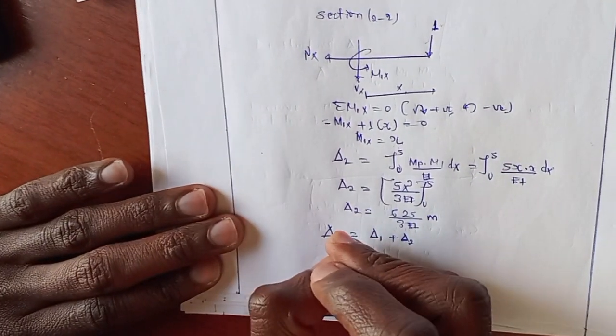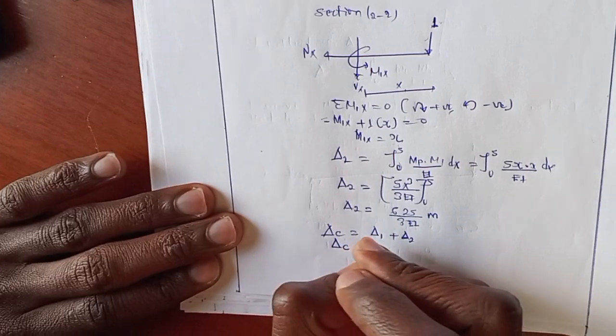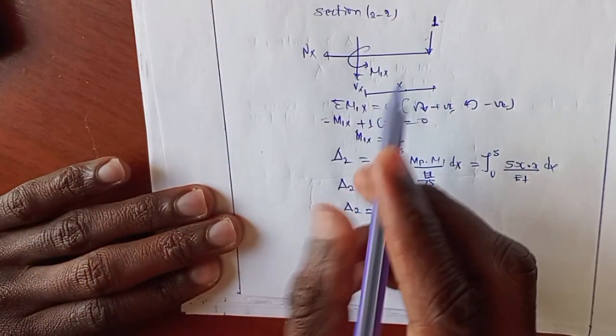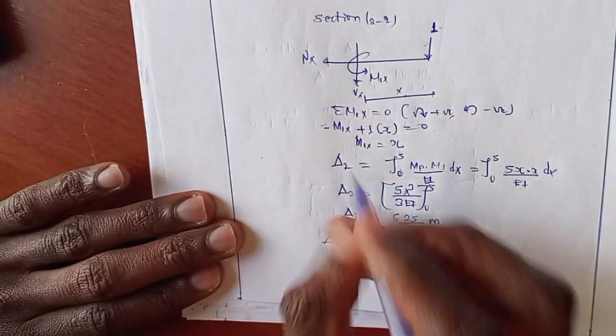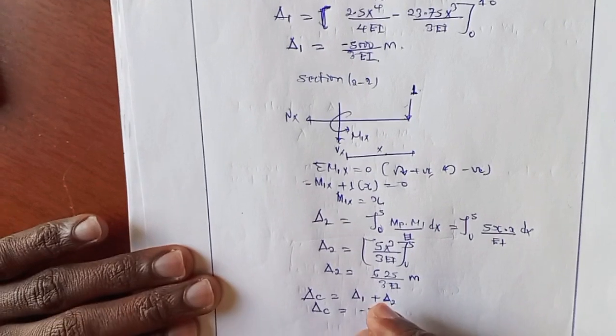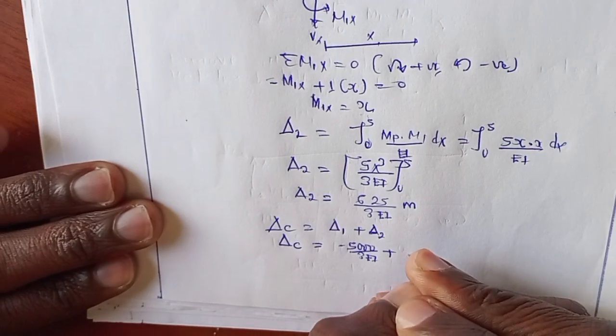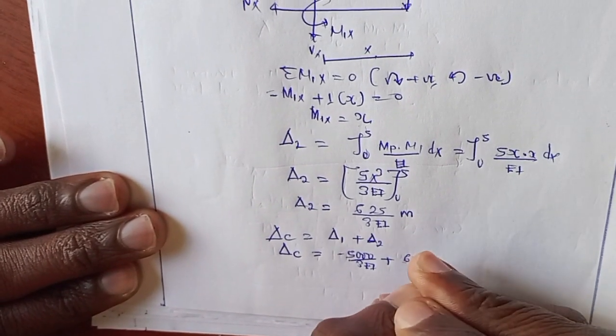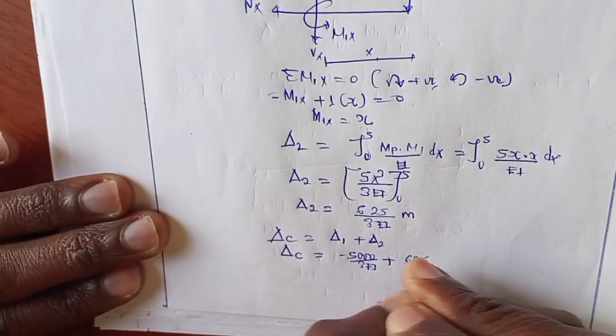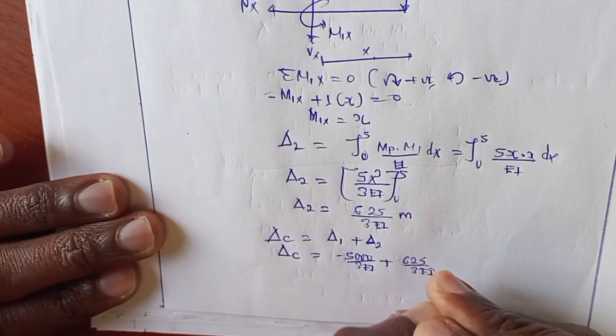Now, deflection of point C is equal to deflection of section 1, which was negative 5,000 over 3EI, plus 625 over 3EI.